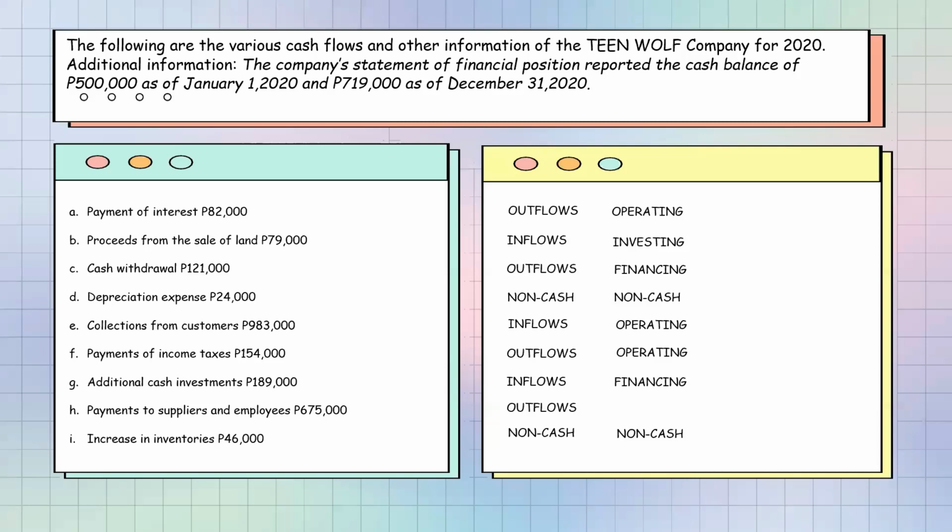So, sa letter H, may payment tayo sa supplier and then employees. Again, under operating activities siya, kasi nasa cash outflow yan ng operating activities na binanggit kanina. And then yung letter I, non-cash. Non-cash transaction siya, so hindi siya kasama sa classification.